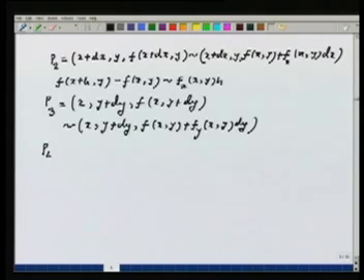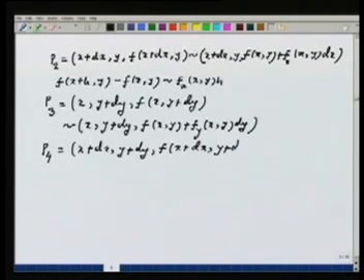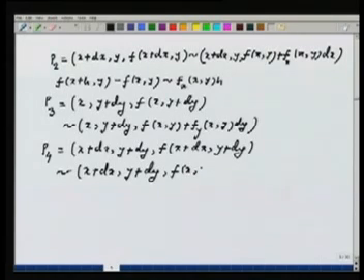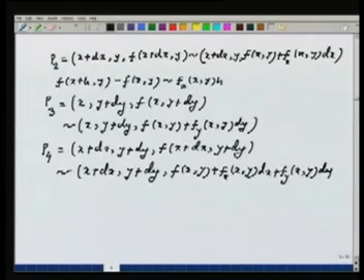Then comes P4, which is (x plus dx, y plus dy, f(x plus dx, y plus dy)), which is approximately equal to (x plus dx, y plus dy, f(x, y) plus fx at (x, y) dx plus fy at (x, y) dy).